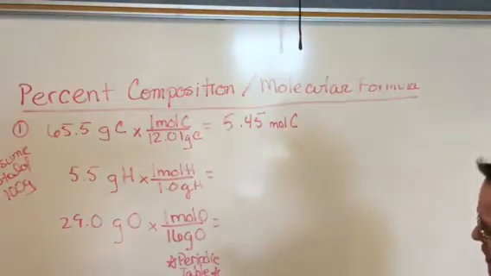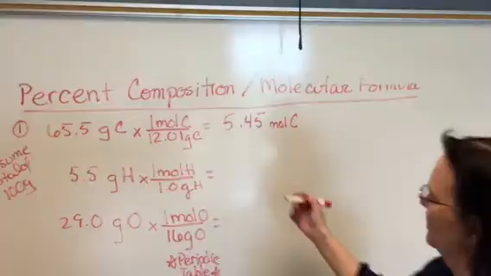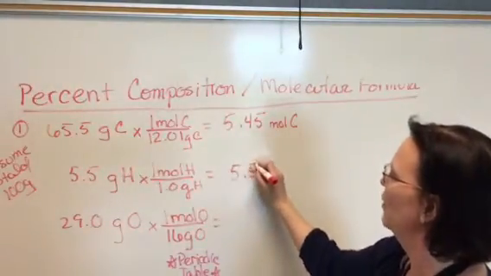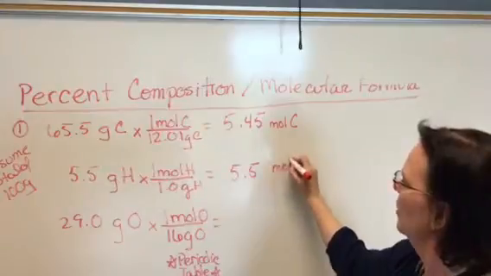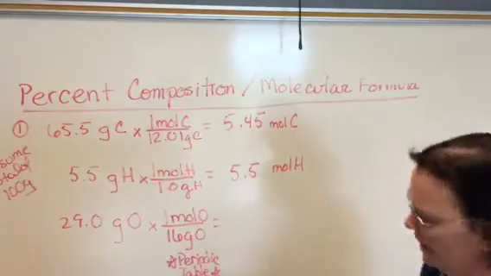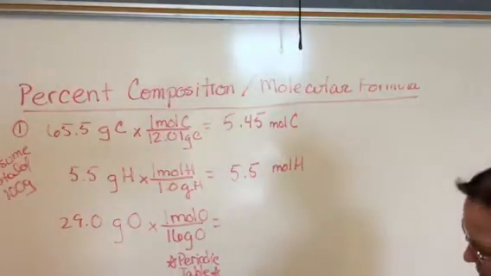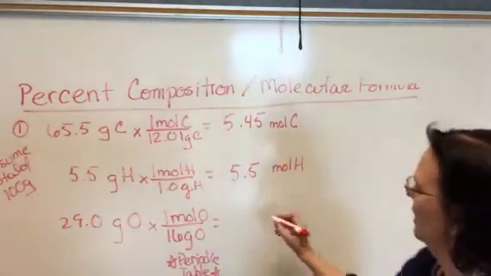For hydrogen, 5.5 divided by 1.0, that's going to be 5.5 moles hydrogen. And then for oxygen, 29 divided by 16, that's our 1.81 moles of oxygen.